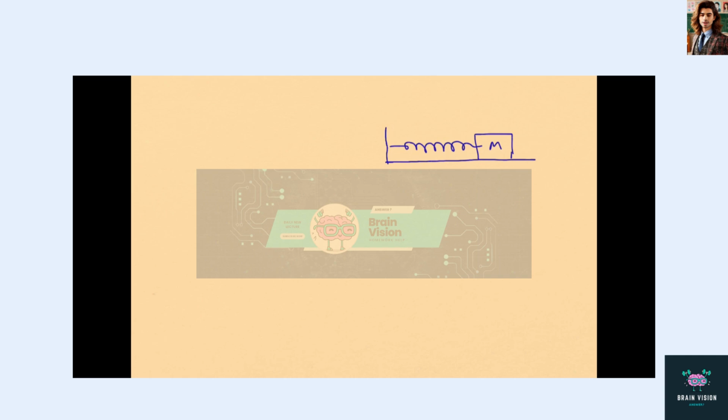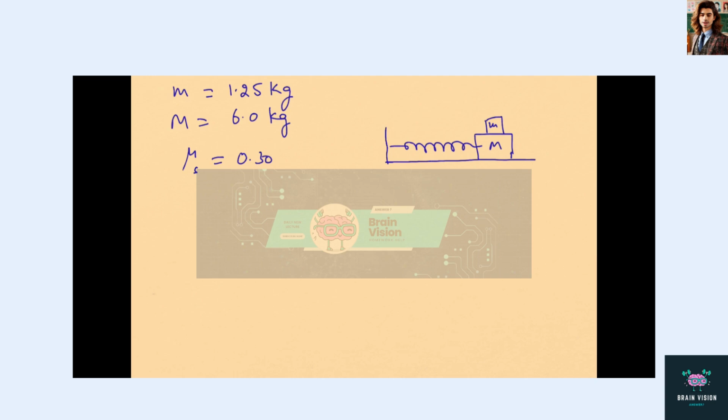A small block has also been kept over it, whose mass is m equal to 1.25 kilogram. The mass of the heavier block, capital M, is 6.0 kilogram. The coefficient of static friction between the two blocks, mu s, is 0.30.